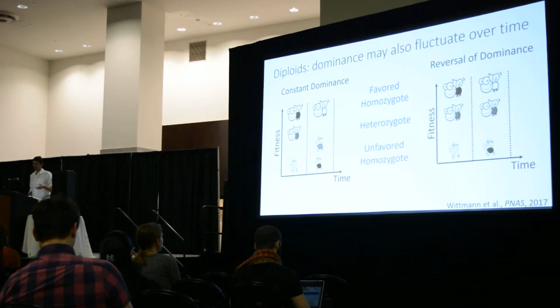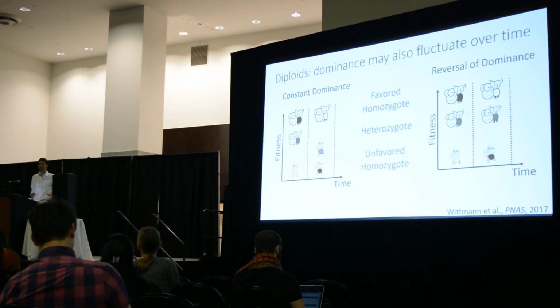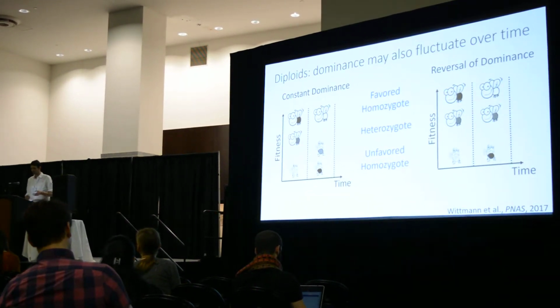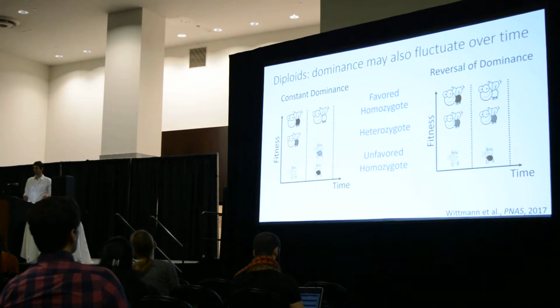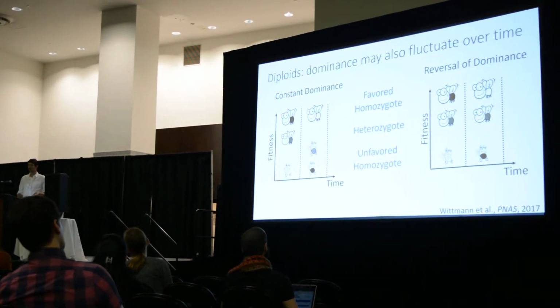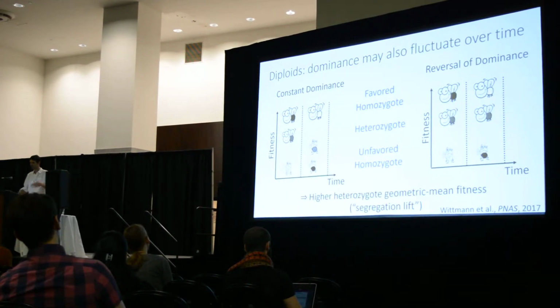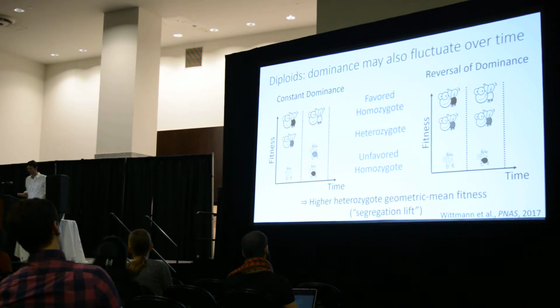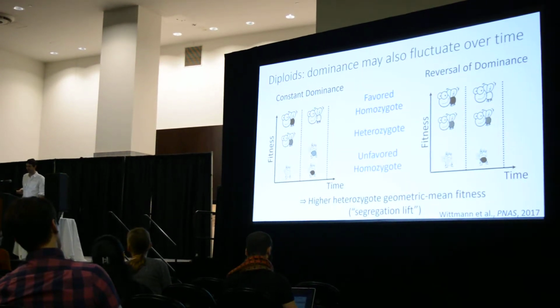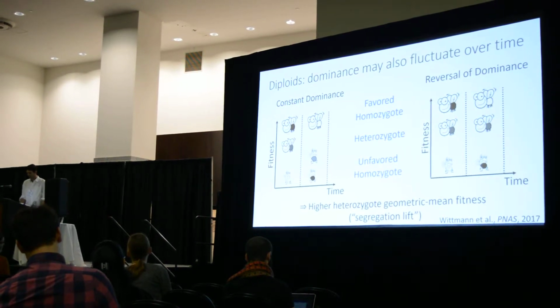And because when you multiply fitnesses, it's much better to be moderately okay than to be sometimes very unhappy, the result is that heterozygotes have a large fitness advantage when dominance reverses in this way. And since rare alleles are always present in heterozygotes, that gives you a very strong rarity advantage, and so you have stable polymorphism. This has been called segregation lift in Micah's work.